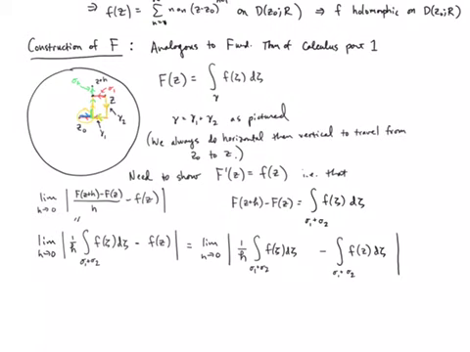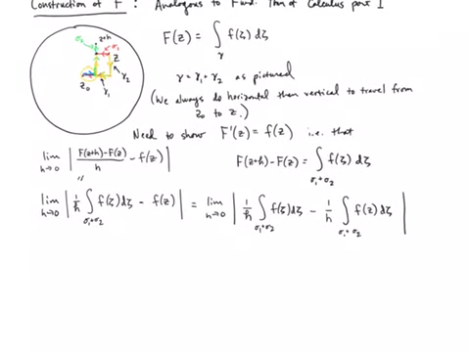So the integral of this constant is h, and I have to divide by h for this integral divided by h to be equal to f of z. You just have to mess around and figure out the right thing to insert so that you get f of z, but you can check that it's correct.